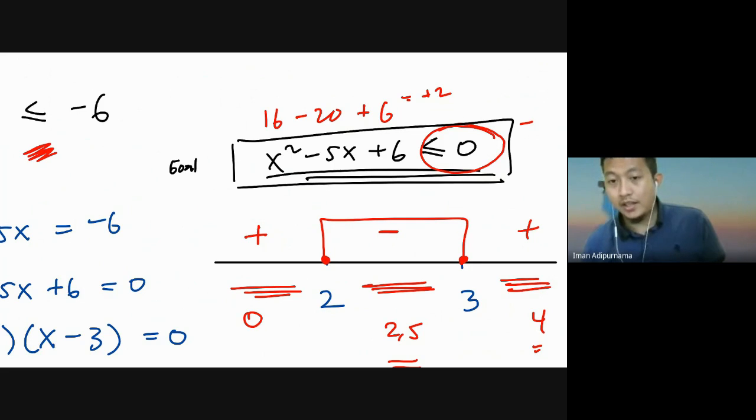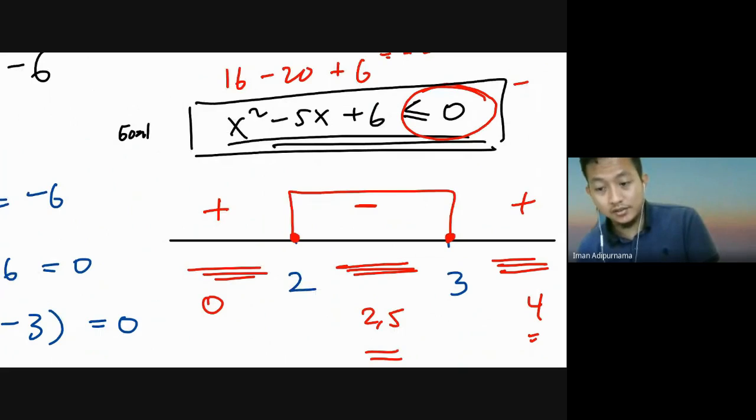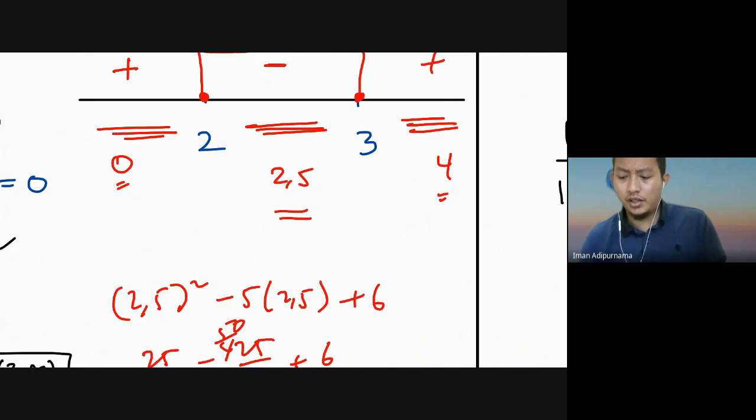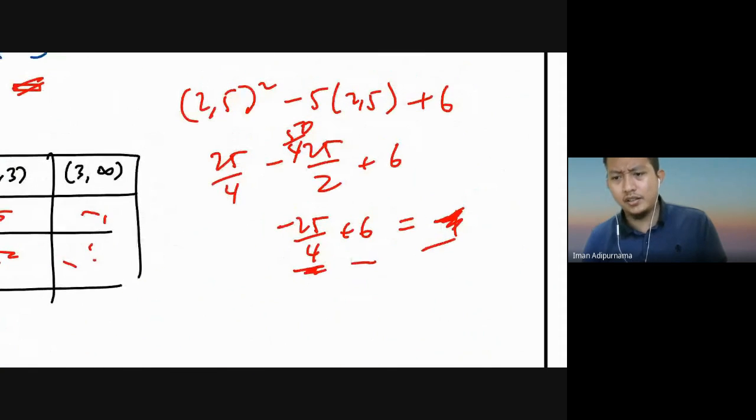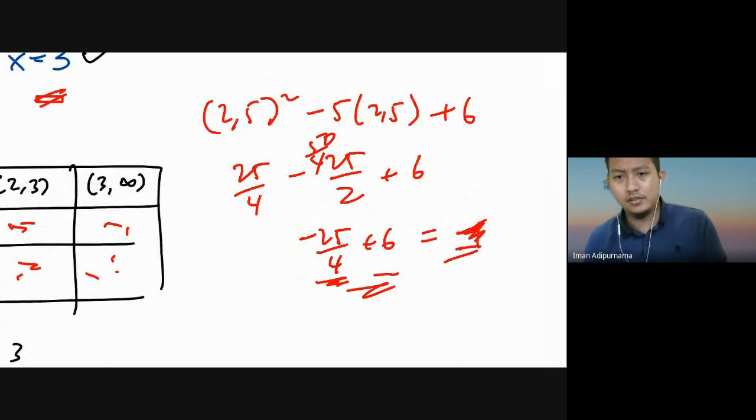Then to find out which interval we are in, we can put in a number. Let's say 0, 1, any number that you can think of that is easy. Why is it negative? Of course, you need to calculate. I think I already told you, right? It's negative.